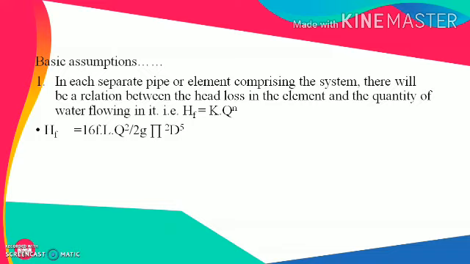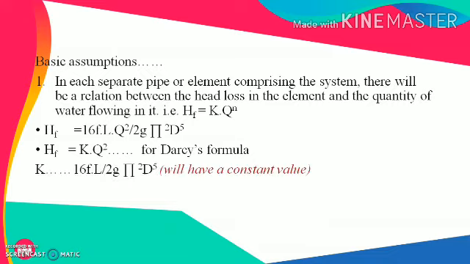So we can calculate the head loss using this equation, and we can replace a number of things in one single constant as K, and for Darcy's formula the value of N is 2, and K can be calculated using the formula 16 FL upon 2G pi square D raised to 5.